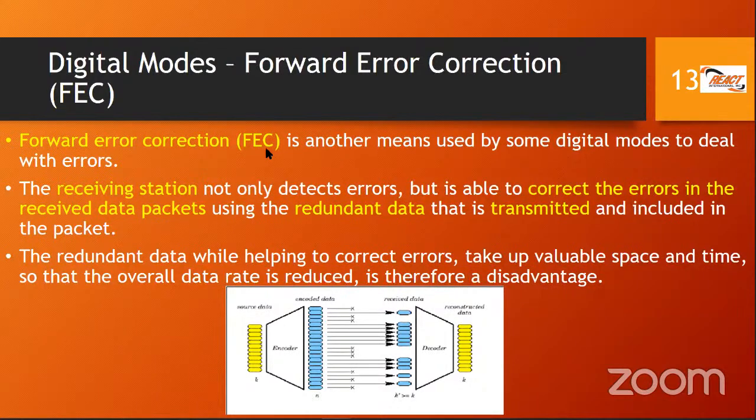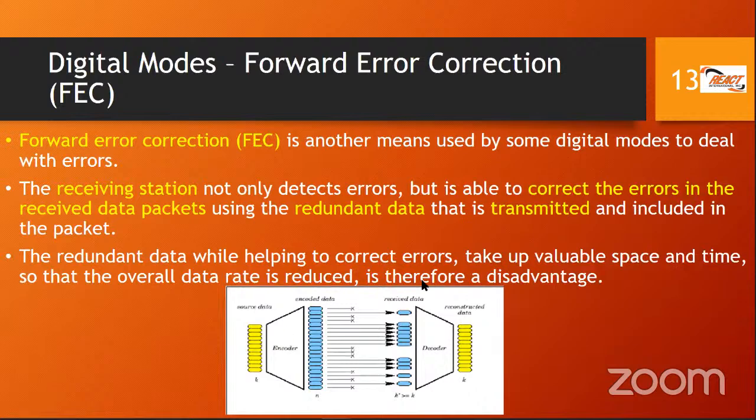But if the digital mode that you're using has FEC, it will add to the robustness, because included in the packet that is sent with the information is additional information, or what we call redundant information, that allows the receiver to correct the error using the redundant data or the extra data.